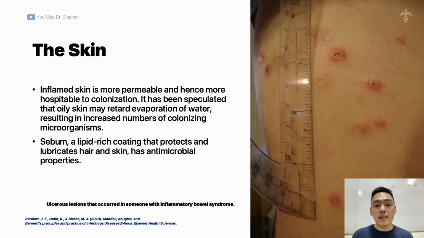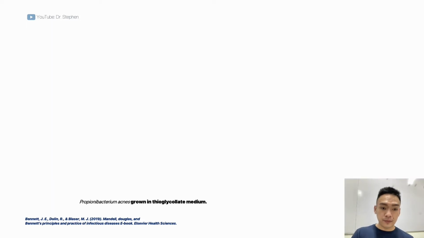And it has been speculated that oily skin, the one that produces the sebum, a lipid-rich coating that protects and lubricates your hair and your skin, has antimicrobial properties. However, there are some bacterial species, including the Propionibacterium acnes, that hydrolyze the triglycerides in the sebum, and they release free fatty acids, and these fatty acids will ultimately promote colonization in your sebaceous glands.